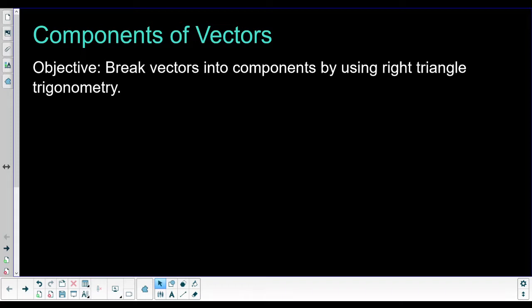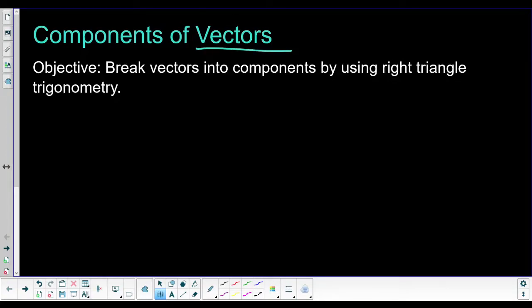Most things don't go perfectly straight up and down or perfectly horizontal. Most things do a little bit of both at the same time. So what we're going to talk about today is how to look at something that does both at the same time, and that includes all vectors.